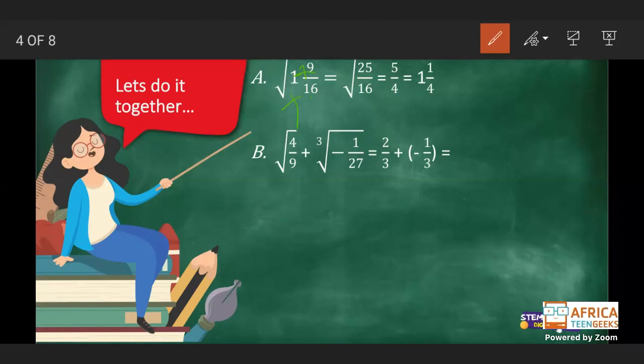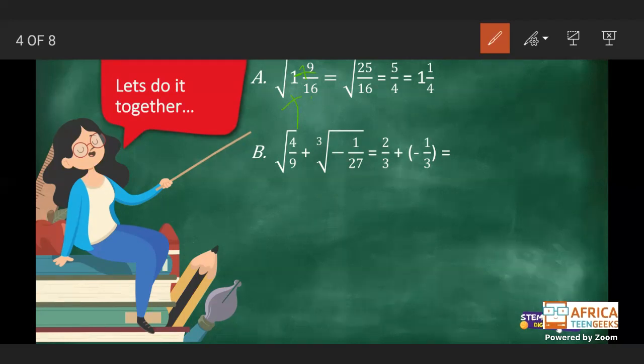And you know that our numerator does change, our denominator does not change, right? So let's do it then. 16 multiplied by 1 equals 16, and then 16 plus 9 equals 25, right? So now we have 25 over 16.